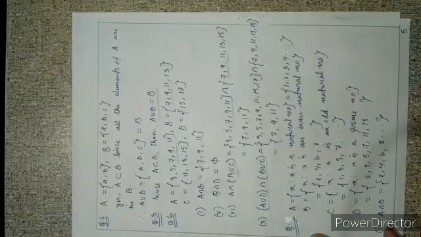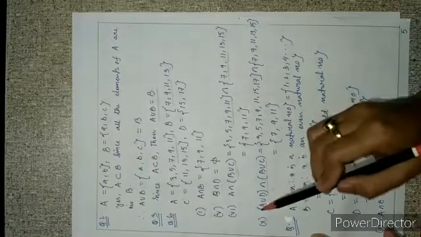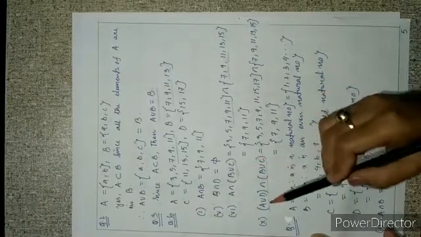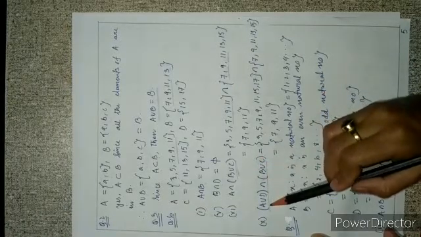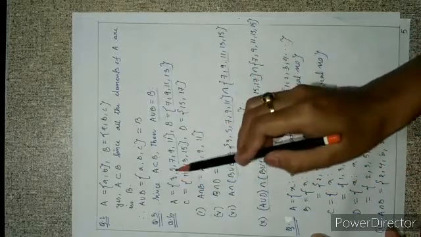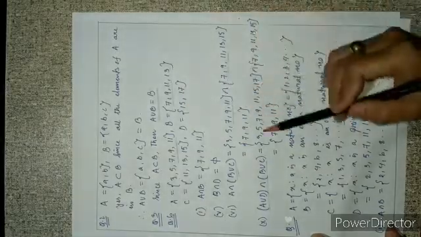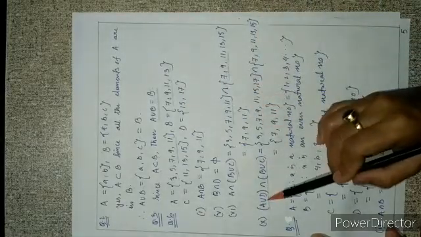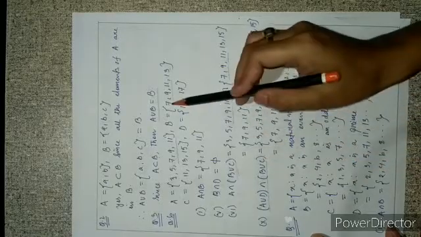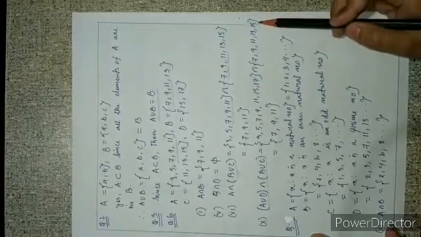Next, Roman number 10. Find the value of this expression: A union D intersection B union C. First, find A union D, which is 3, 5, 7, 9, 11, 15, and 17. This set represents the union of A and D. B union C is 7, 9, 11, 13, and the last element is 15.